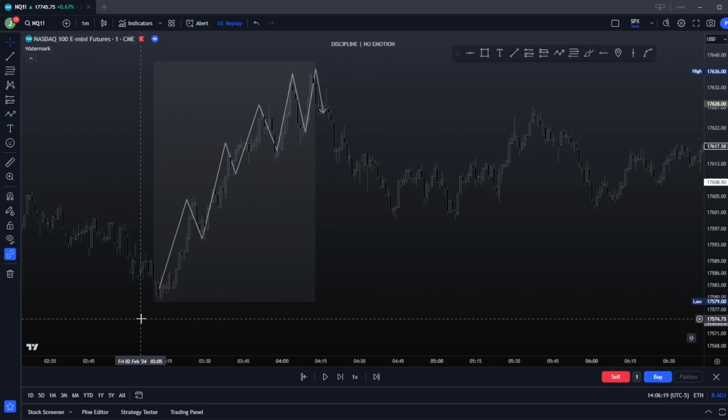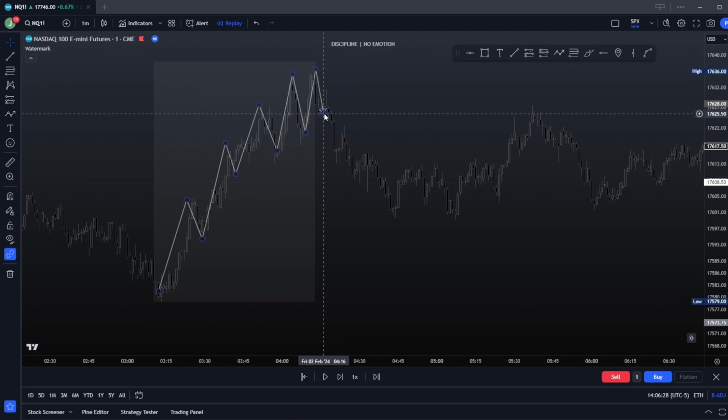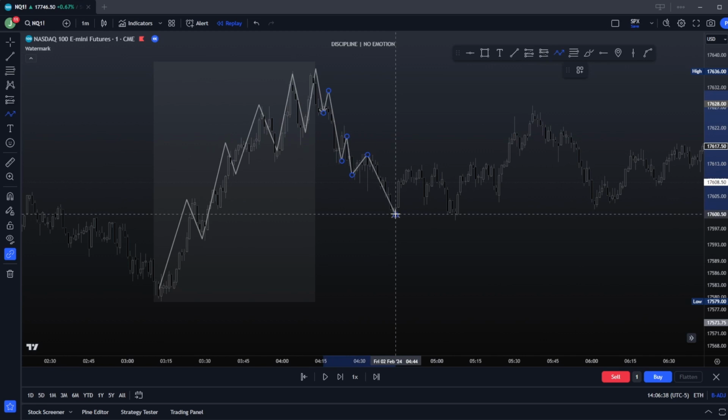These higher highs and higher lows are an indicator that we're just going up. Price wants to go up. However, a market structure shift is when price breaks that. So we're no longer making higher highs and higher lows. Now we're making lower highs and lower lows.